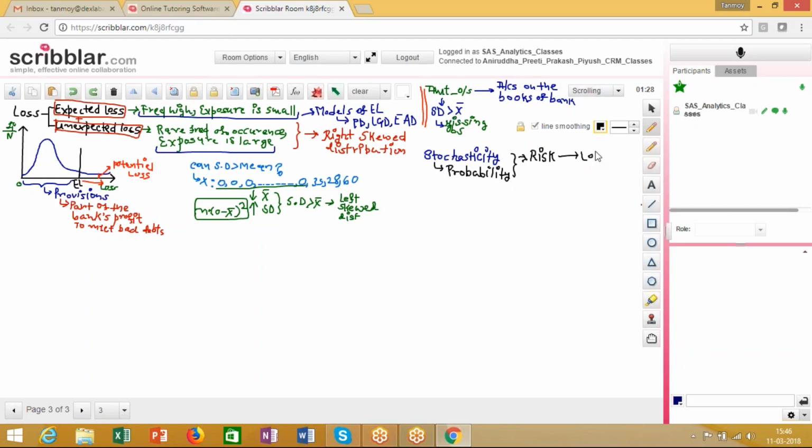So basically, when a bank is giving out a credit to a borrower, no matter how much risk modeling and how much risk management the bank might do, one thing is very important to understand: the moment the bank gives out the loan, the bank is playing a lottery, because there are two possibilities which get created.